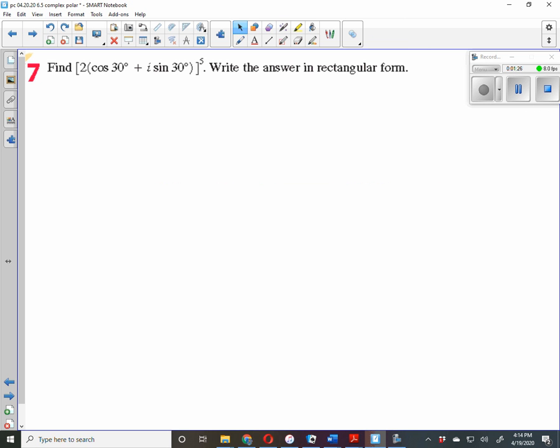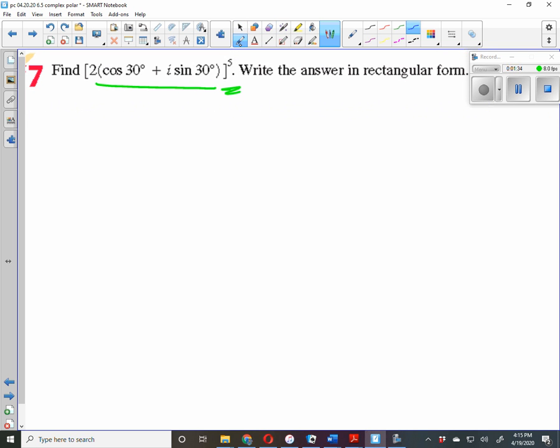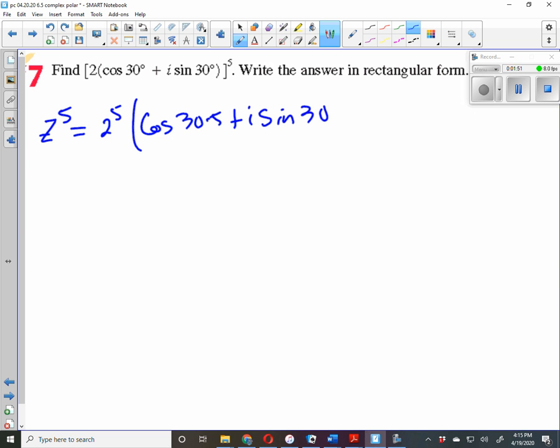All right, so find this thing to the 5th power. So what this is saying is z to the 5th is equal to 2 to the 5th cosine 30 times 5 plus i sine 30 times 5.